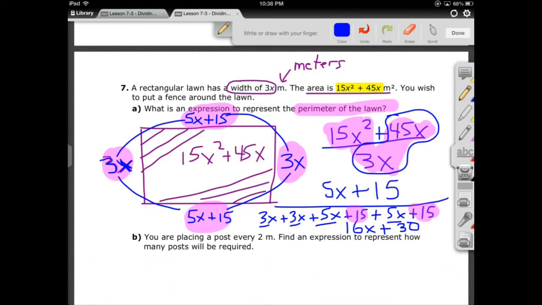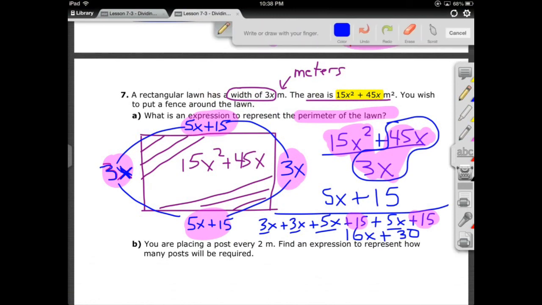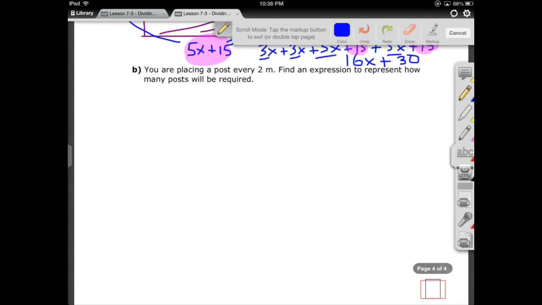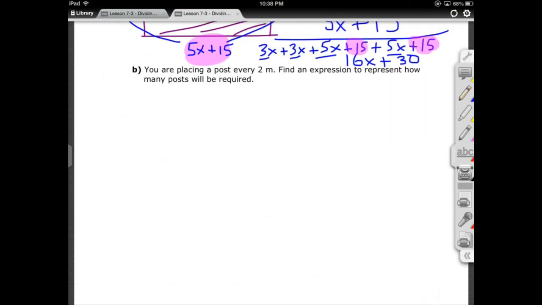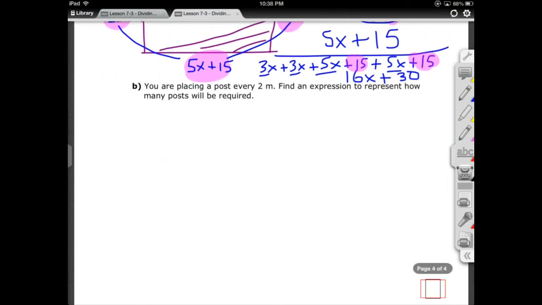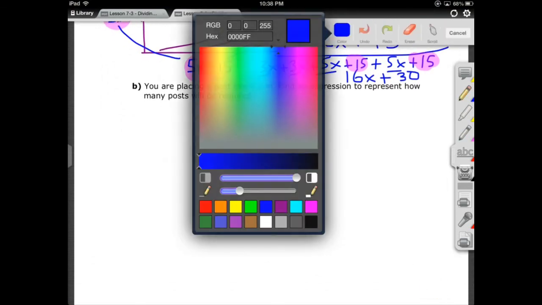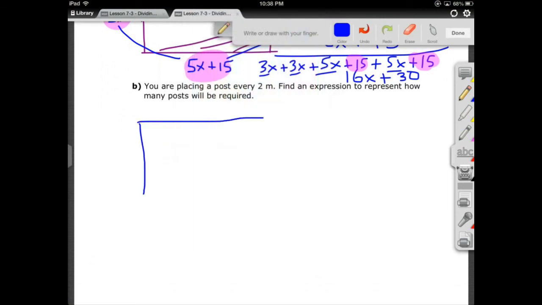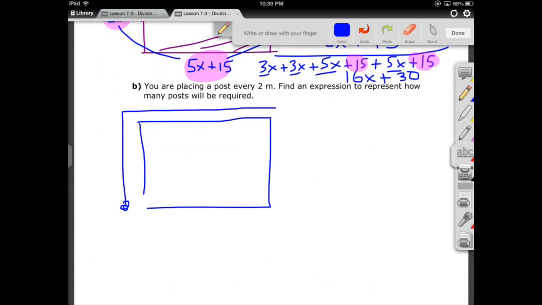16x plus 30. Now, part B says you're going to place a post every 2 meters. So if your total perimeter is this whole value, you take a trip around the outside of this rectangle, you start here, you go up here, round and around, and you take a journey.